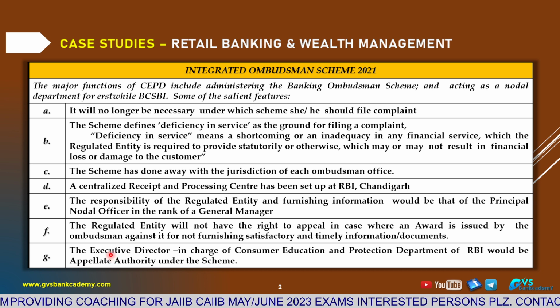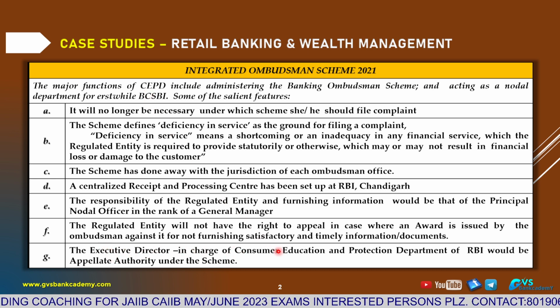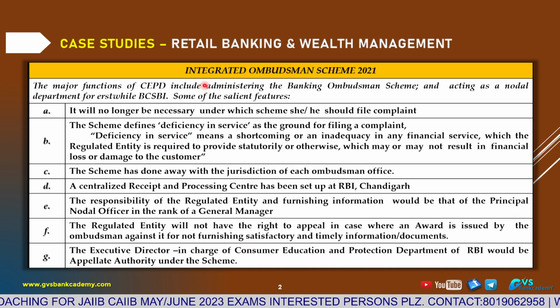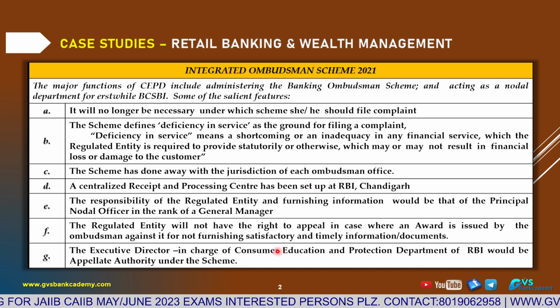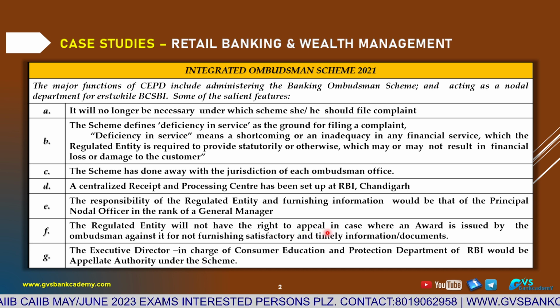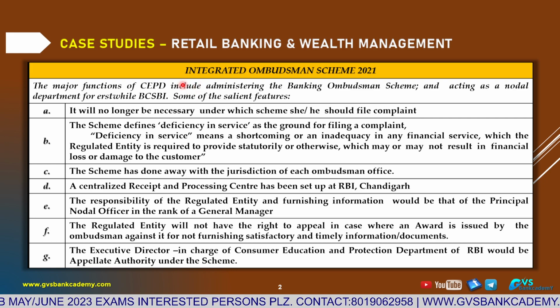Very, very important: the Executive Director in charge of the Consumer Education and Protection Department. Under the integrated ombudsman, the ombudsman can pass a monetary compensation award up to 20 lakhs, and 1 lakh for mental agony and time loss expenditure. This is the Integrated Ombudsman Scheme 2021.